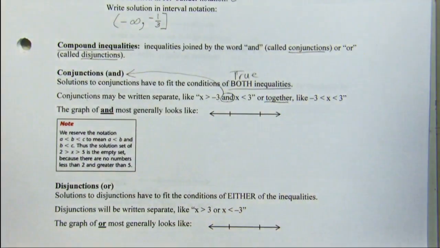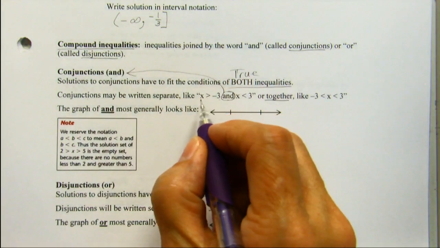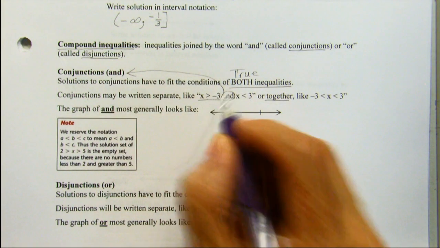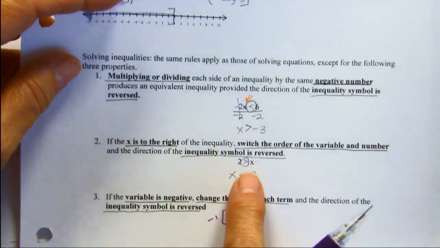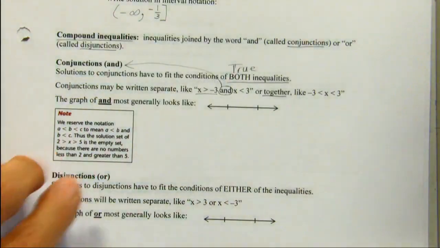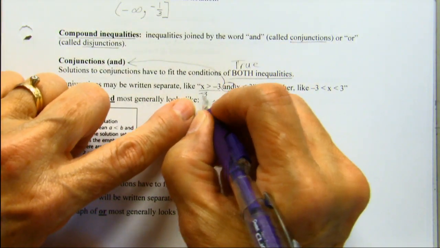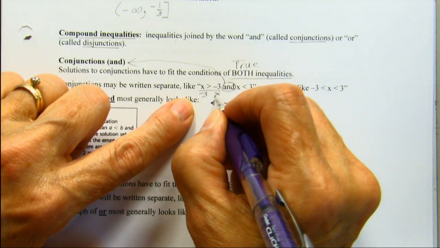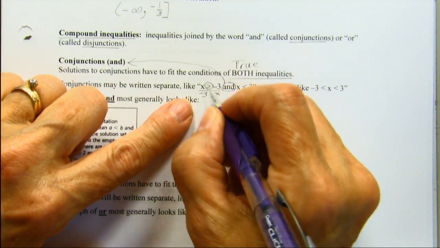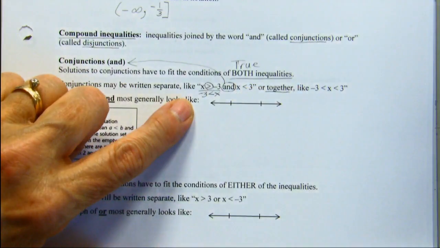Okay? Sometimes they're already together. Sometimes you have to put them together. So if I were to rearrange this first one, kind of doing the opposite of what I said here on number 2, if I put the -3 on the left and the x on the right, my inequality flips to less than.